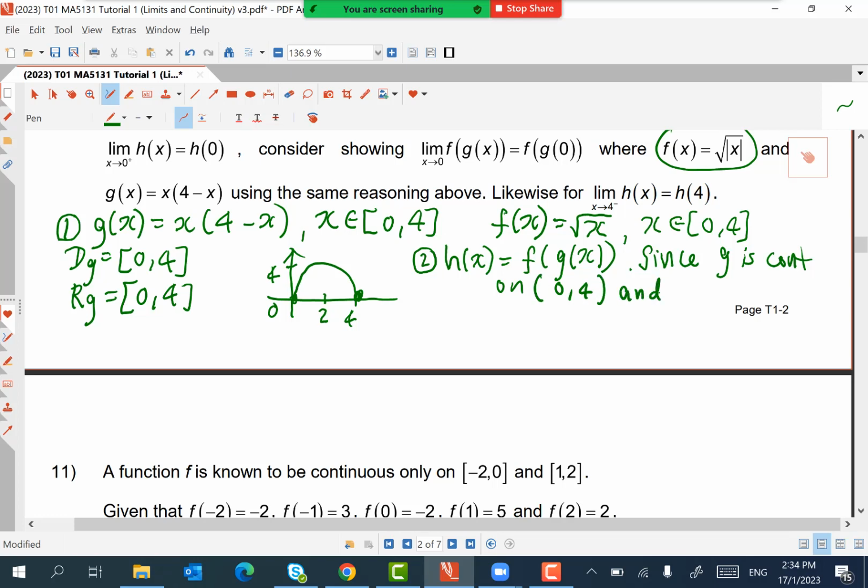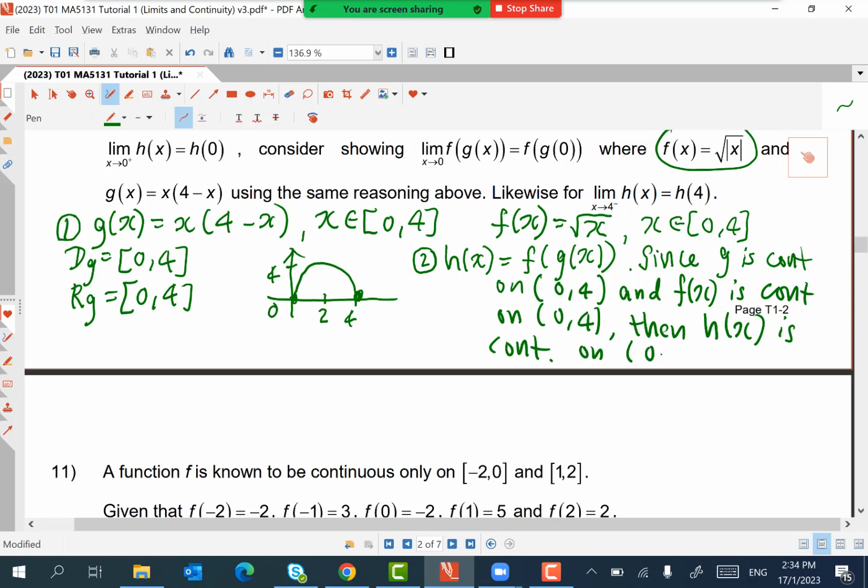and f(x) is continuous on (0, 4) also, then h(x) is continuous on (0, 4). We used an earlier result, no?